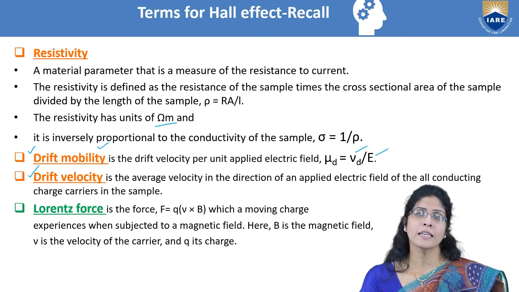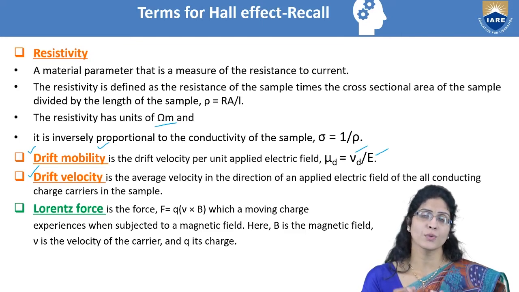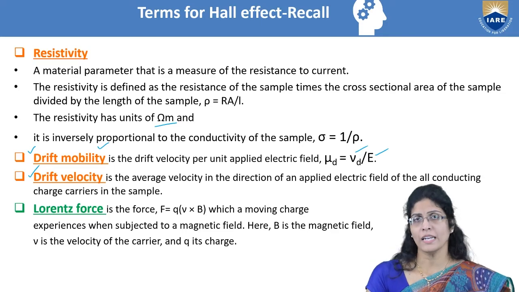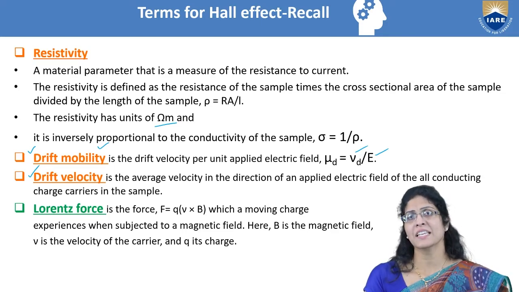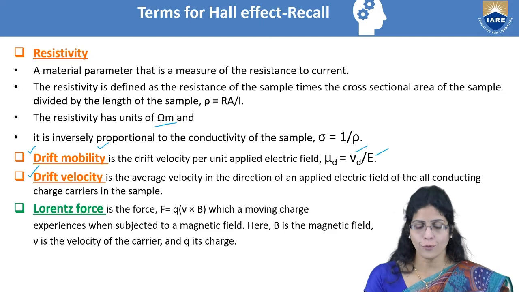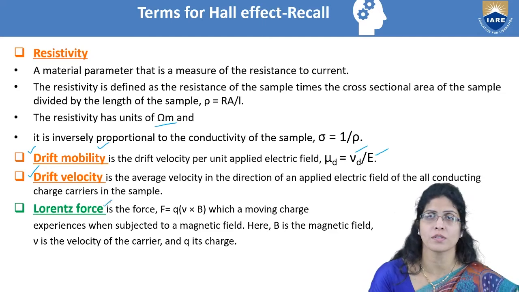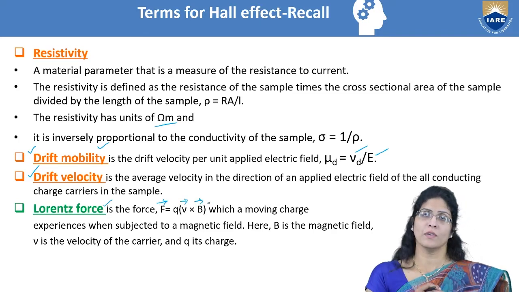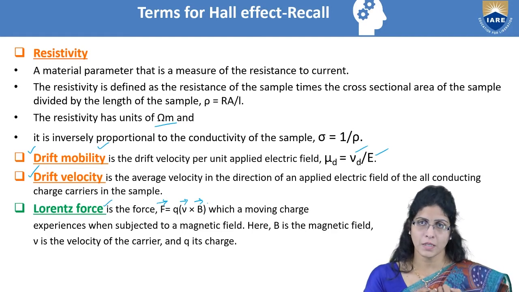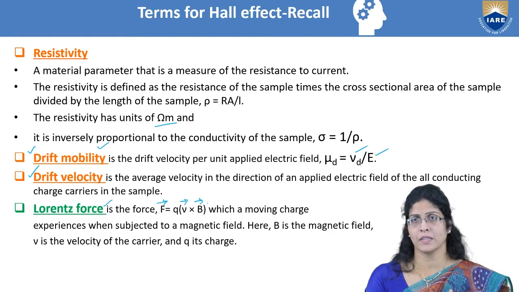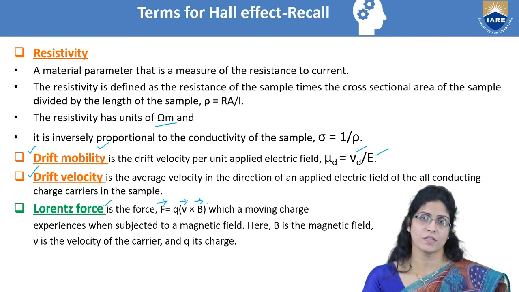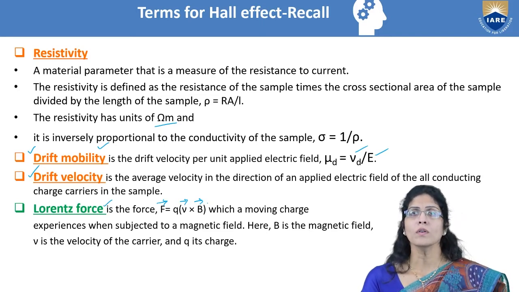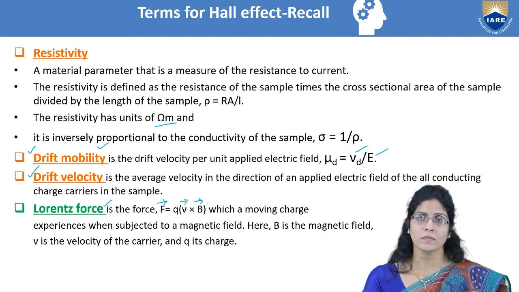Now, if there is a moving charge in a material and you are subjecting it to a magnetic field, then what will happen? This moving charge will experience a certain force. That force is nothing but the Lorentz force. This Lorentz force is given by F equals charge times the cross product of the velocity and the magnetic field which you are applying, so F = q(v × B).